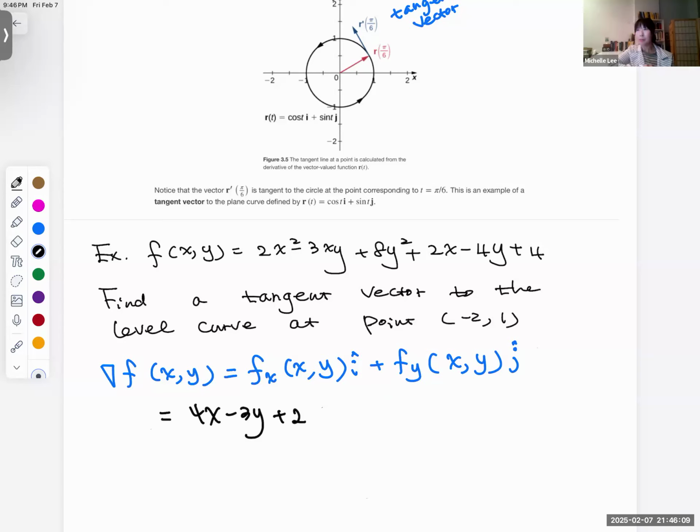You guys okay with this? Okay, so that is i hat plus the partial derivative with respect to y, which is negative 3x plus 16y minus 4, j hat, right?